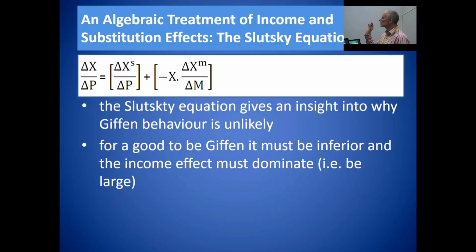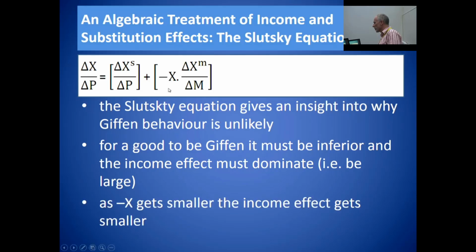Well, I want to touch upon this point now about a large income effect. And in particular, that minus x term at the front of the income effect. Now what's going to happen as x gets smaller and smaller?